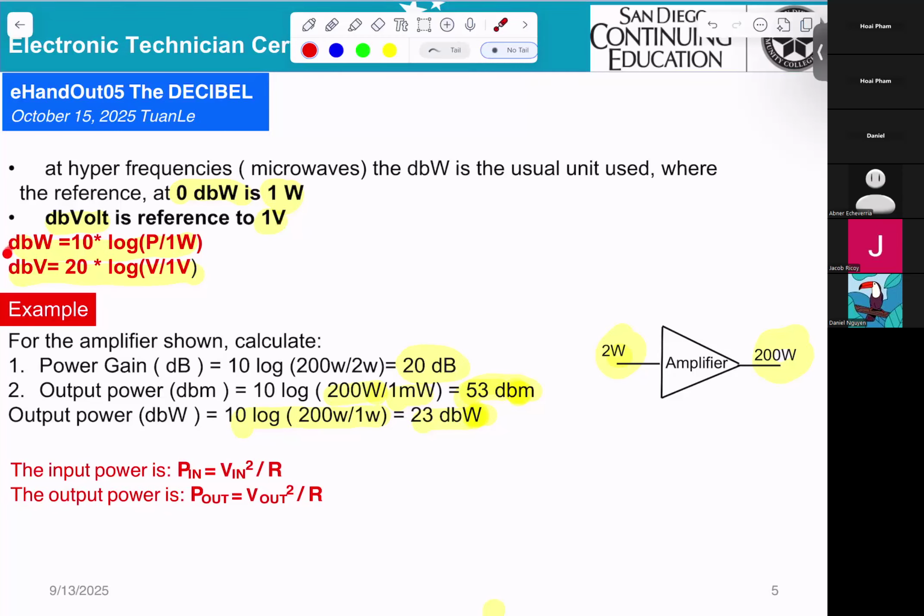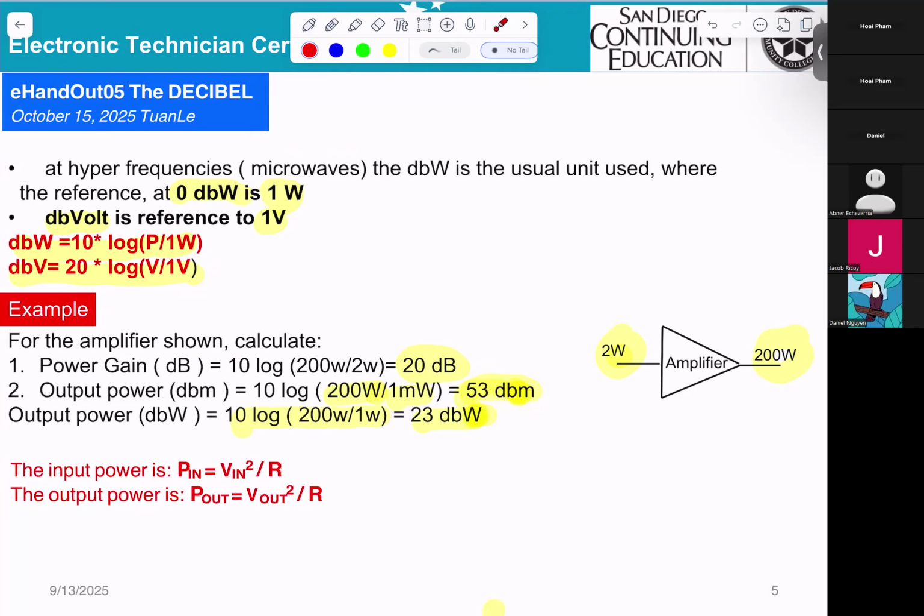And this is the formula. Relation: dB watt equals 10 times log of P over 1 watt, and dB volt equals 20 times log of V over 1 volt. So basically, that's the same formula as dBm.